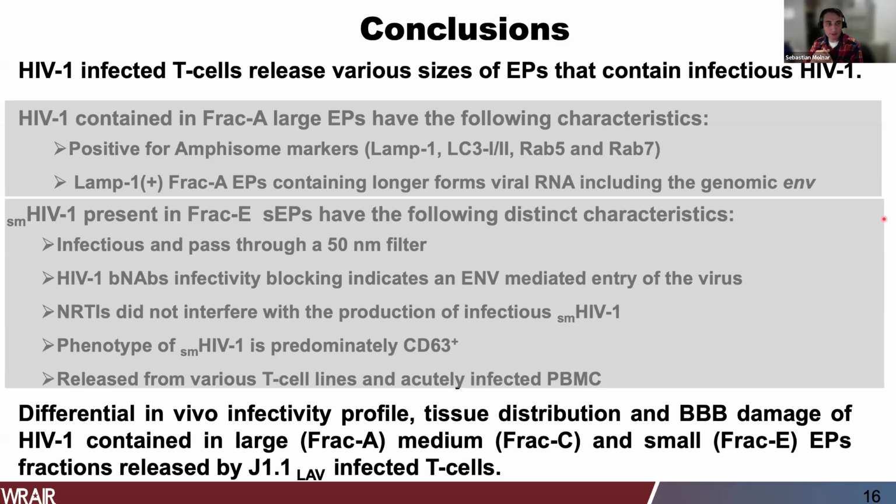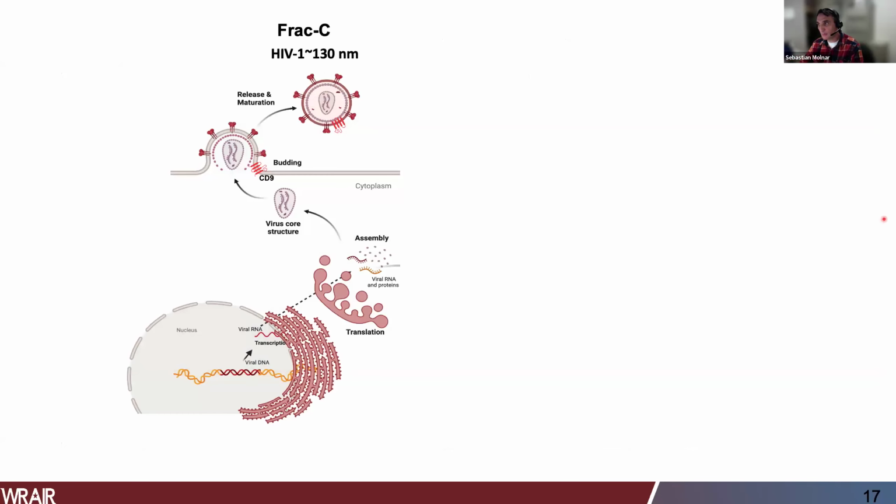Furthermore, we observed differential in vivo infectivity profile, tissue distribution, and blood-brain barrier damage of HIV contained in the large fraction A, medium fraction C, and small fraction E extracellular particles, which are released from the same J1.1 LAV-infected T cells. And to tie everything together, probably we are facing a model where we have the classic assembly and release of the virus present in fraction C, which is around 130 nanometers.